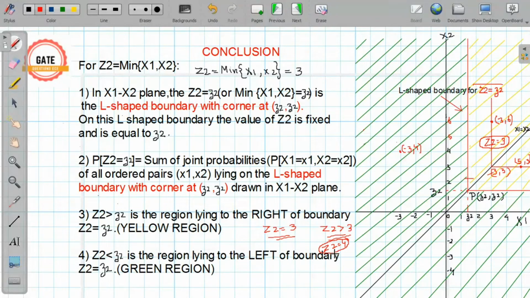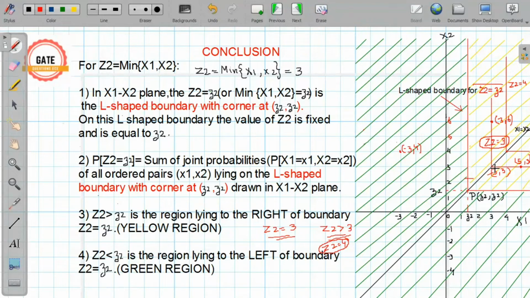So this boundary Z2 is equal to 4 will lie in this x1 x2 plane with corner at 4 comma 4. So here this corner will lie here and corresponding will be the boundary that I am going to draw now. So this L-shaped boundary is the boundary for Z2 is equal to 4.